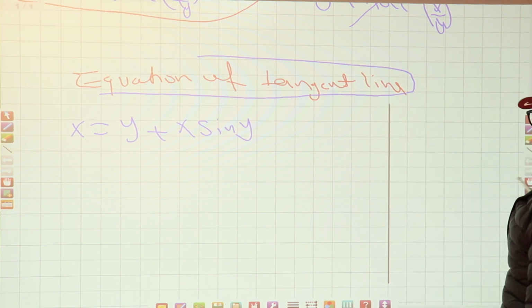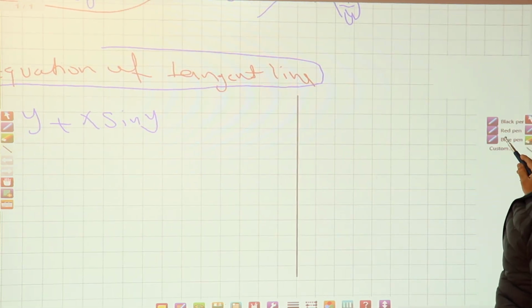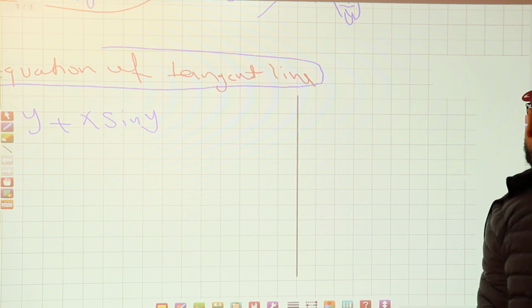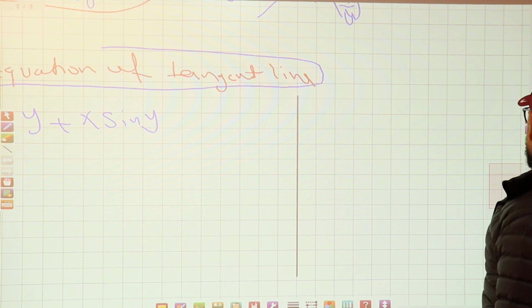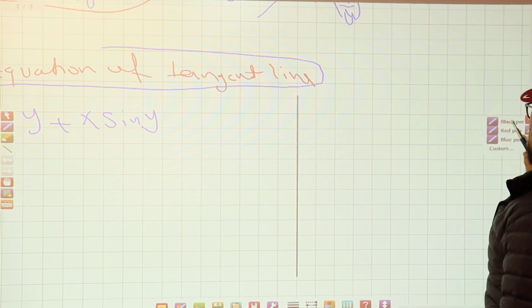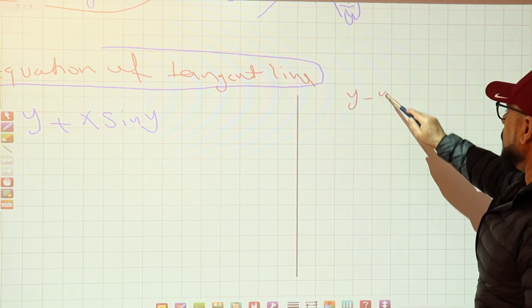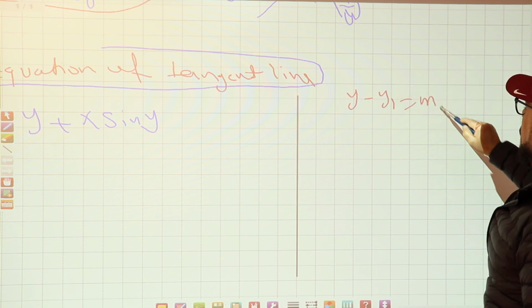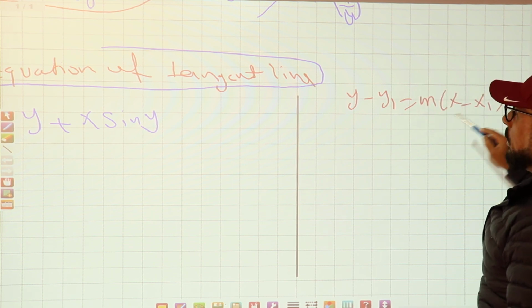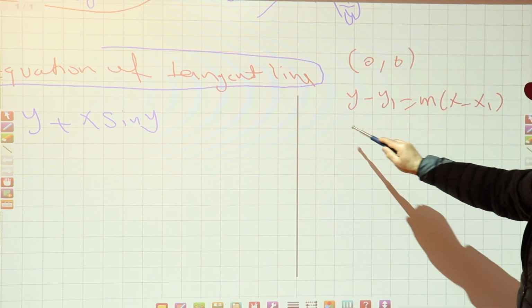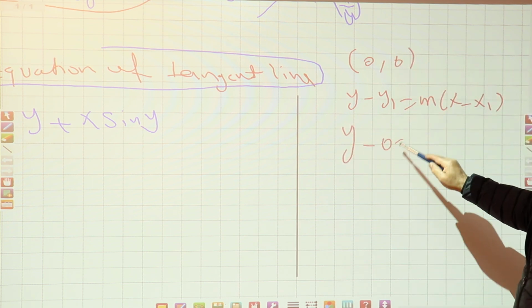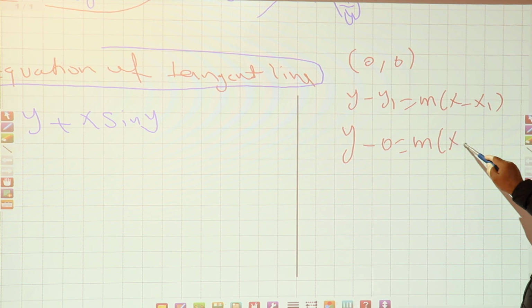He wants me to find y minus y1 equals m times x minus x1, and the point here is 0 and 0. Then y minus 0 equals m times x minus 0.